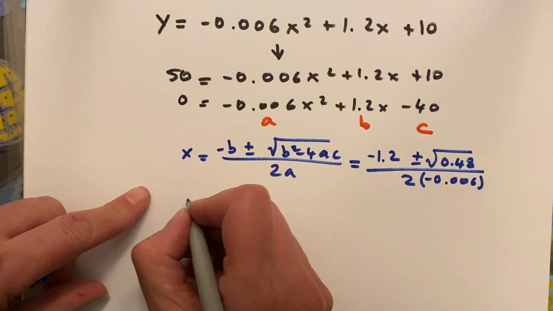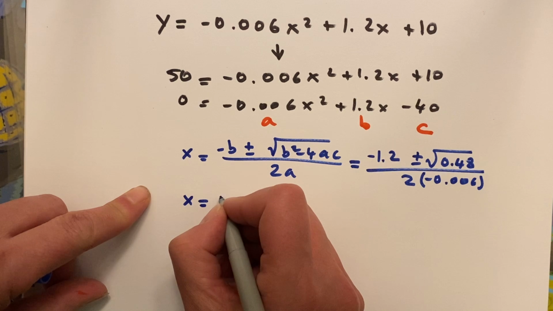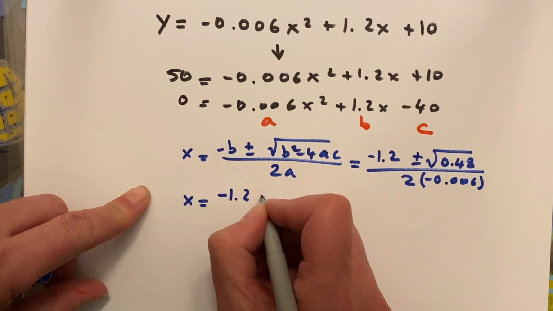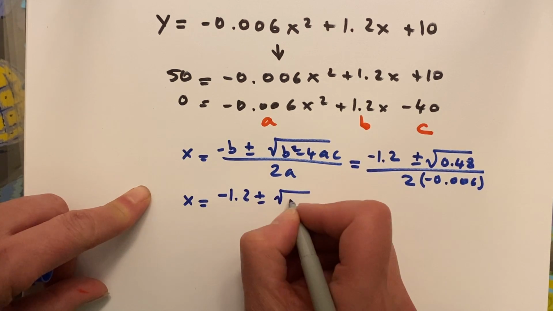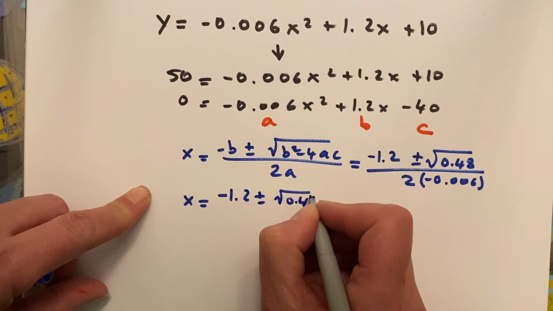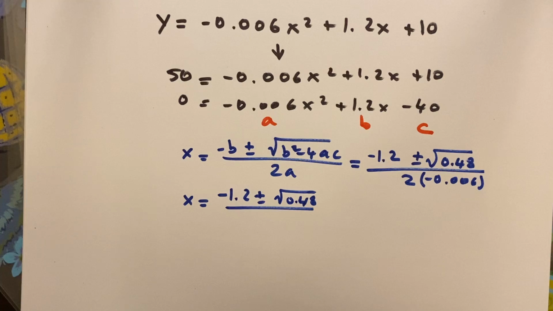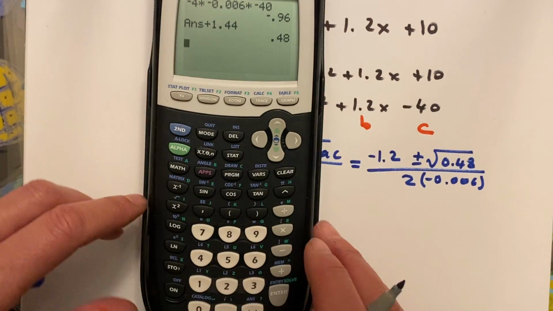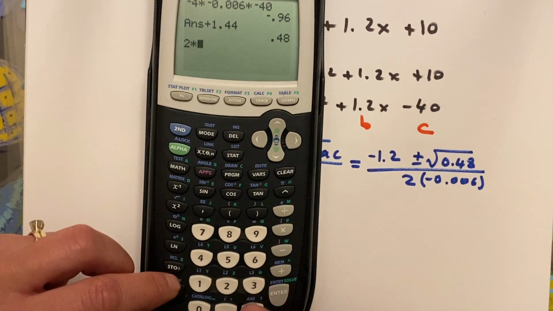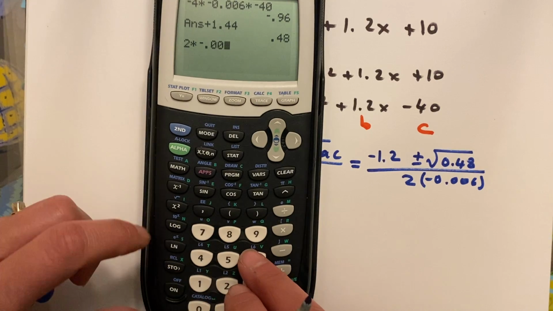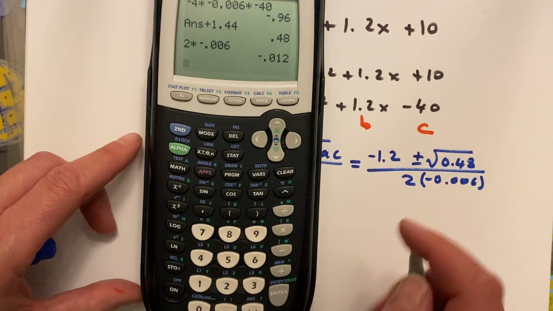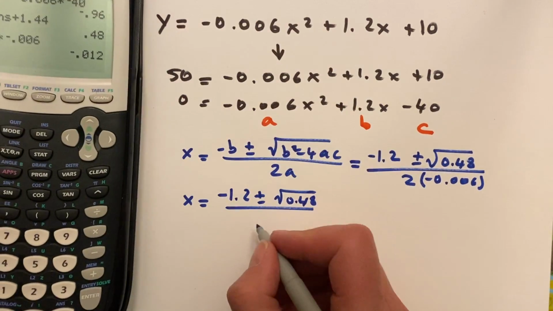And we're almost there. X equals negative 1.2 plus or minus square root of 0.48. I'm going to do it all on the calculator because it's actually easier. Except that this last part, 2 times negative 0.006 is negative 0.012.